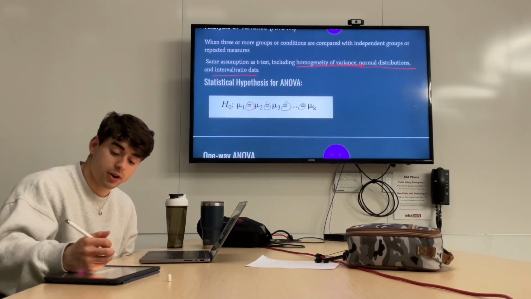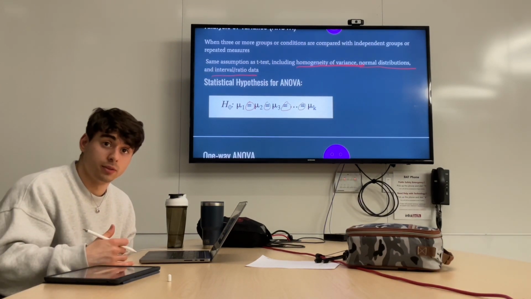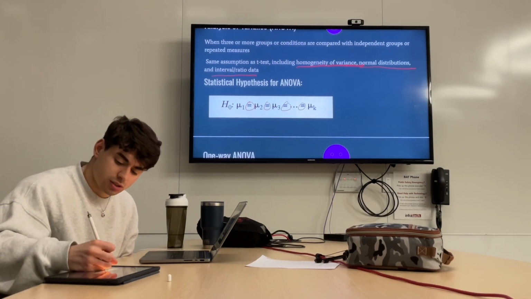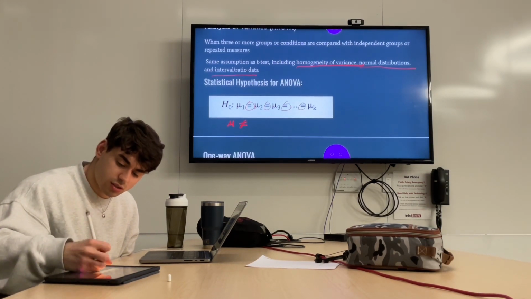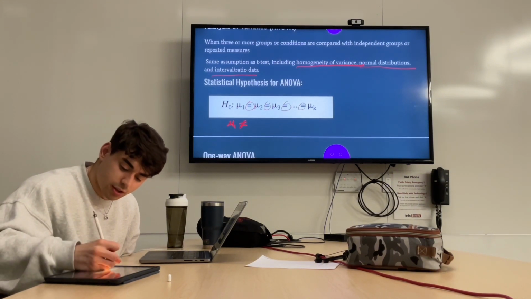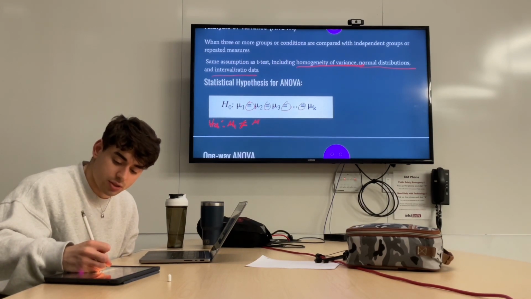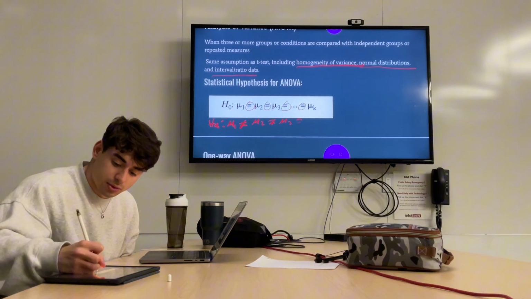So with ANOVA, you're basically saying all the groups are equal. Everything's the same. That's a null. All these studies, all these means, they're all proving the same thing. And then the alternative, so HA, would be M1 is not equal to M2, not equal to M3, not equal to M4, and so on, up to 4.